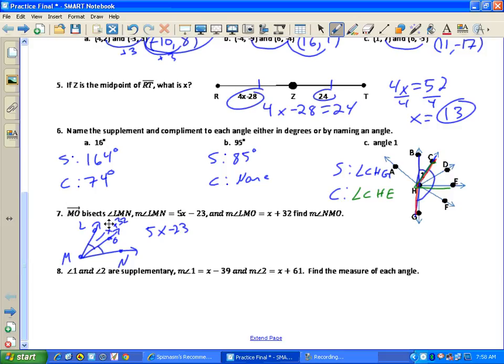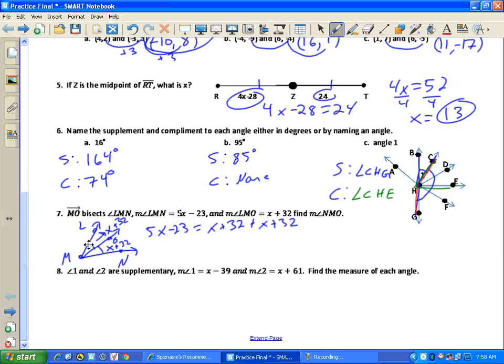There's a couple things you could do. First, you could say, well, since this is x plus 32, this is also x plus 32. And those two added together would be the whole thing, which is 5x minus 23. So x plus 32 plus x plus 32 would equal this. Another equation you could make would be to say that if this is the whole thing, if I take half of this, I should get this.